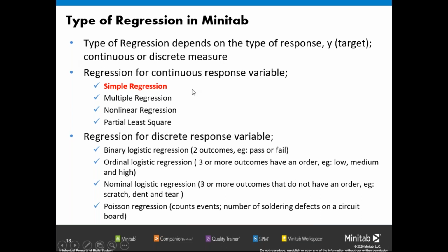If your y is continuous, you can go for simple regression if you have only one x. If you have more than one, let's say two predictors, you go for multiple regression. If you have curvature, like a cubic or quadratic relationship, you need to go for non-linear regression. If your predictors are more than the number of samples, you can go for partial least squares.